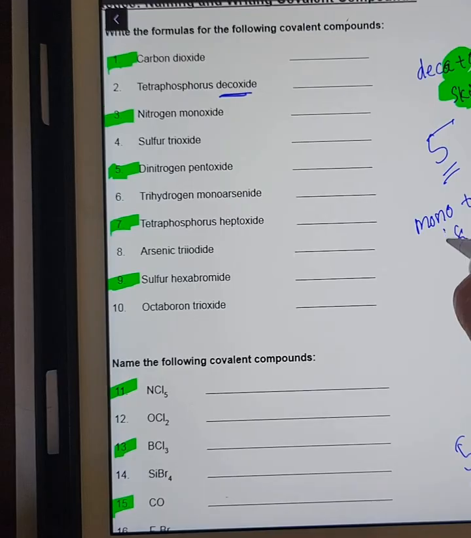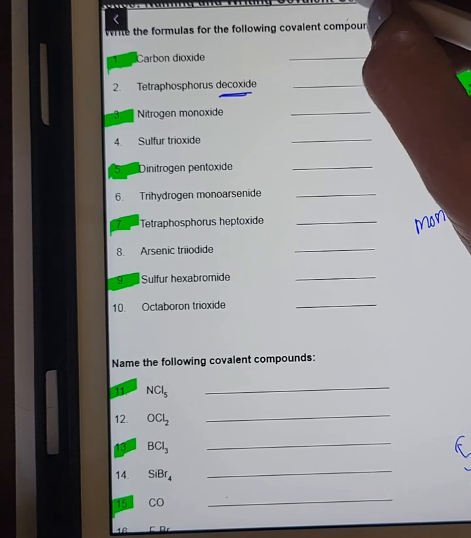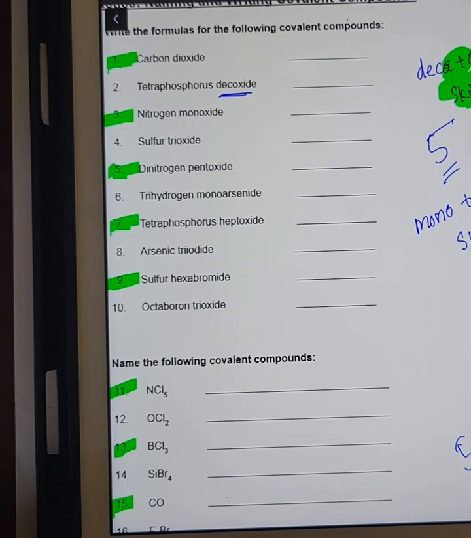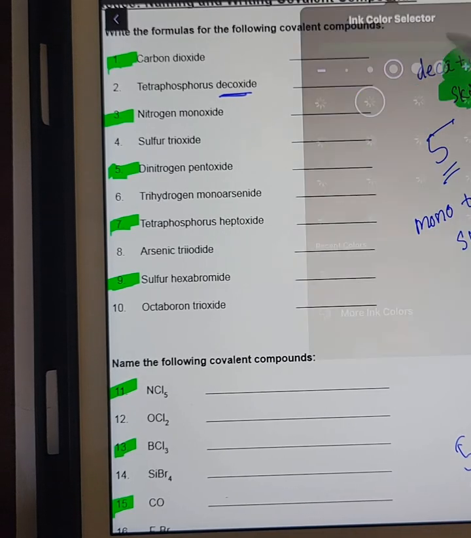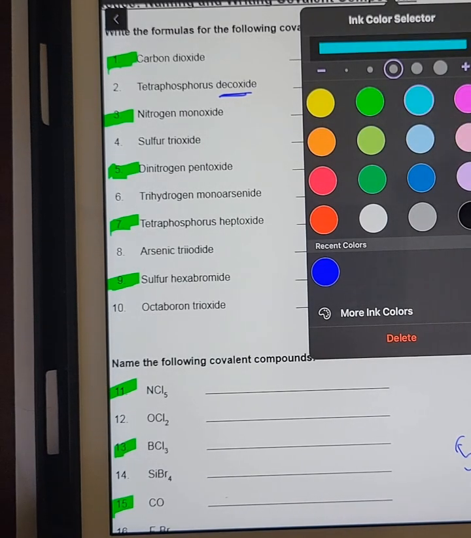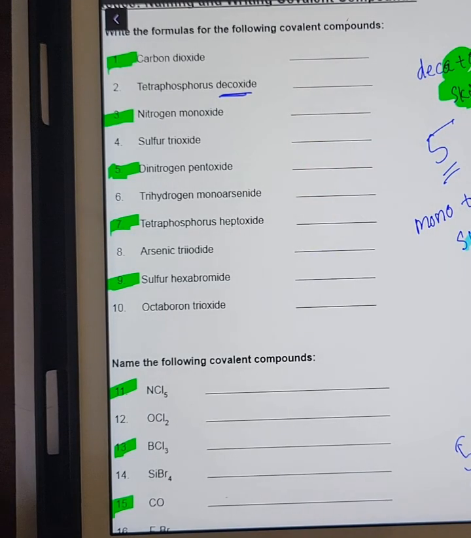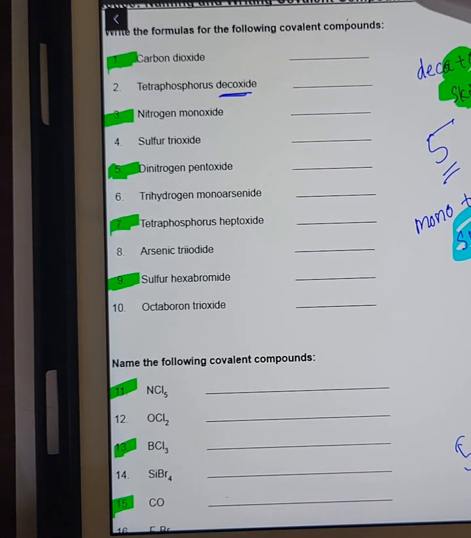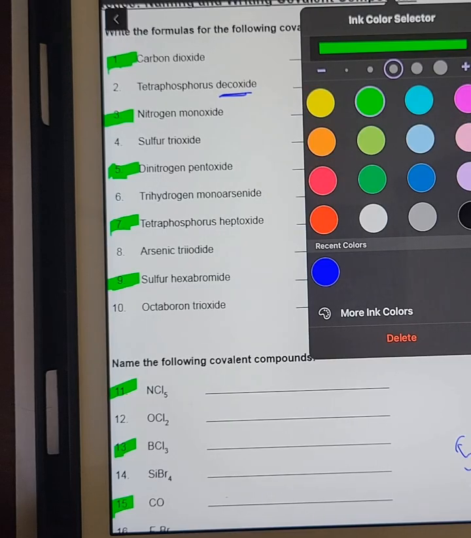Skip one O. So those are the rules you have to remember, okay?